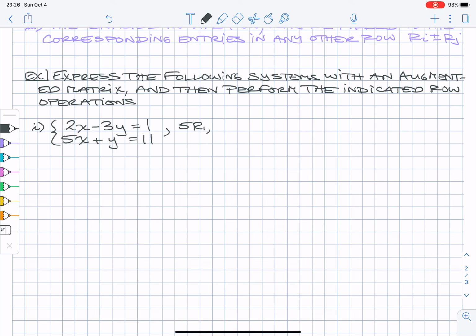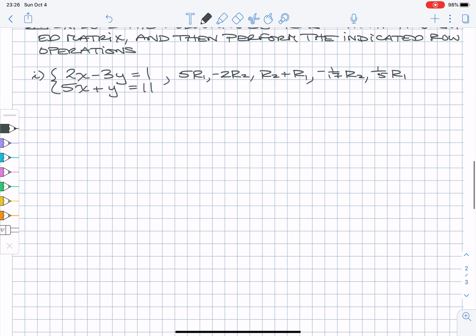Then let's do negative 2, row 2. Then let's do row 2 plus row 1. Then let's do negative 1/17, row 2. And then 1/5, row 1. So let's do all of that after we put this in an augmented matrix.